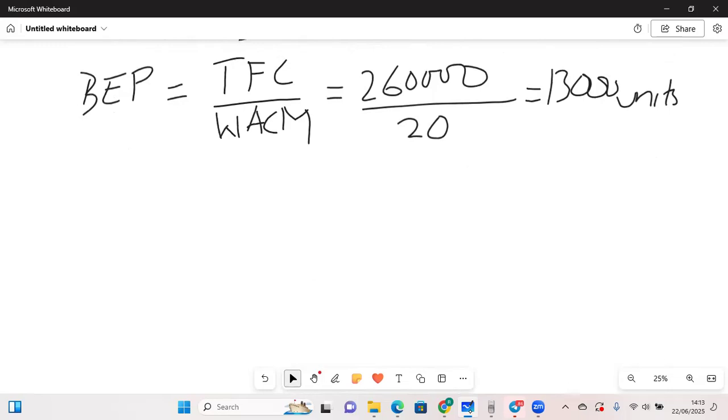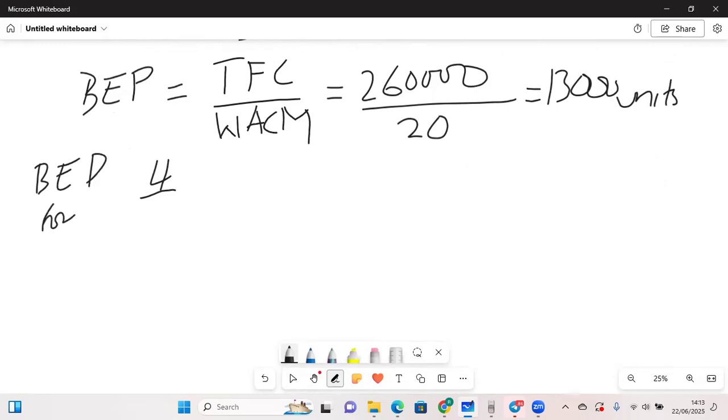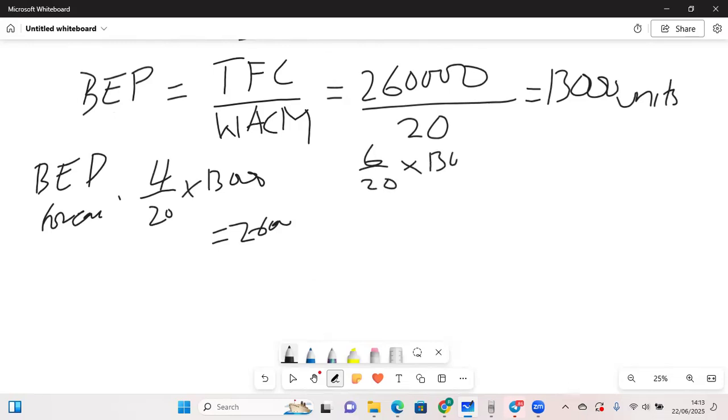Now for each unit, the first one is going to be the sales mix times the BEP for each. So 4/20 times the 13,000, which is going to give us 2,600. And then the next one is what? 6/20 times 13,000.